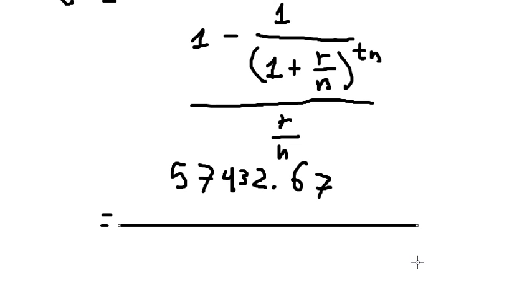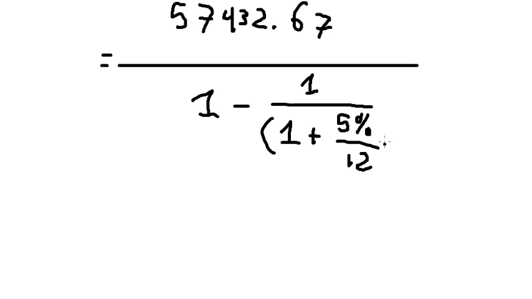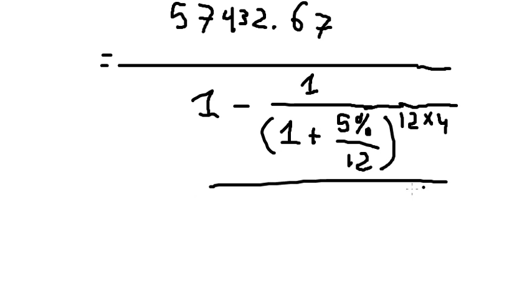Over 1 minus 1 over 1 plus 5% divided by 12 to the power of 12 multiplied by 4, over 5% divided by 12.